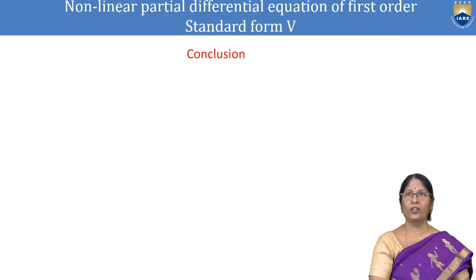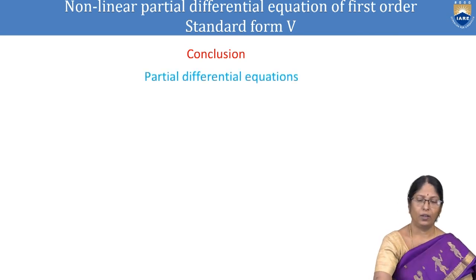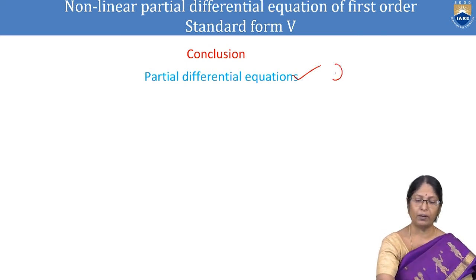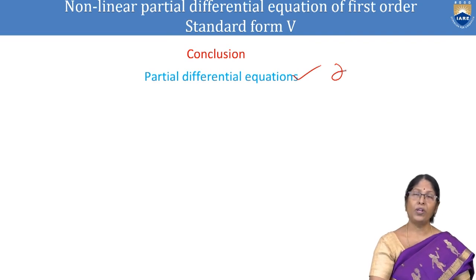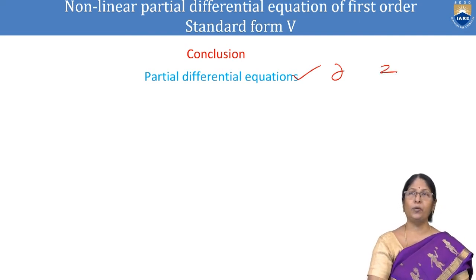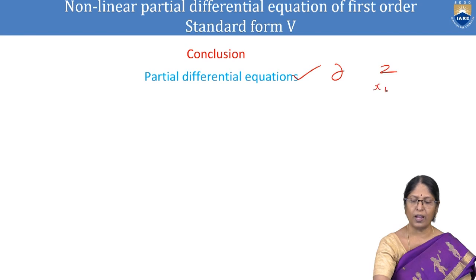We will come to a conclusion on what we discussed. What is a partial differential equation? That is the equation which has partial derivatives. Compulsorily the symbol, the representation of a partial differential equation, is the dou symbol, and it should have at least one dependent variable, that is our z, and two independent variables, x and y.